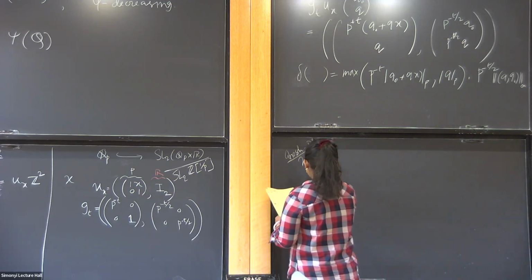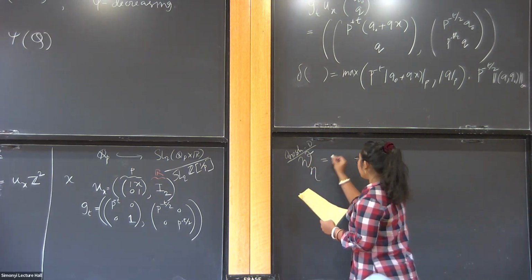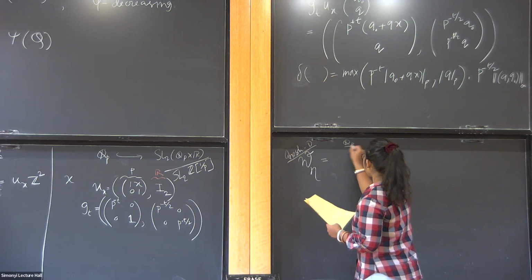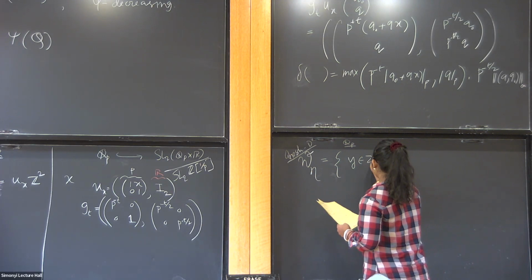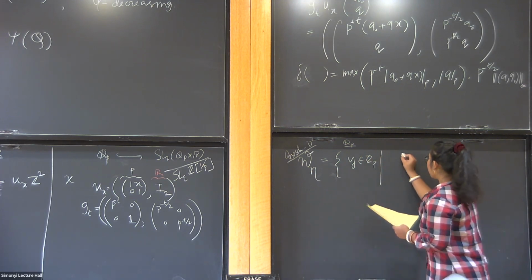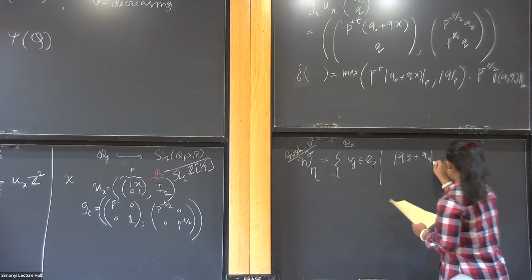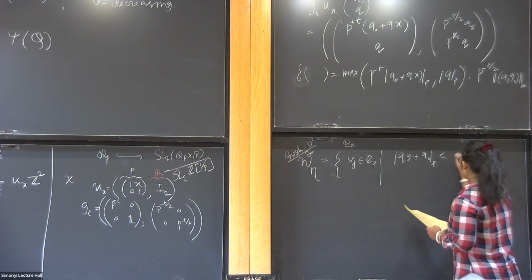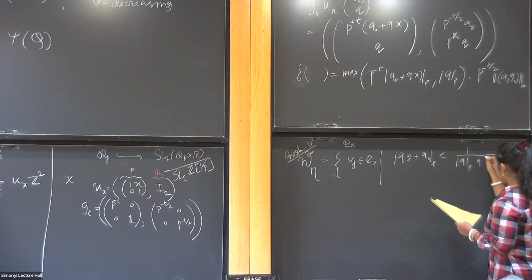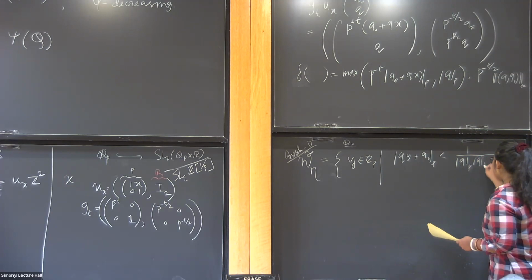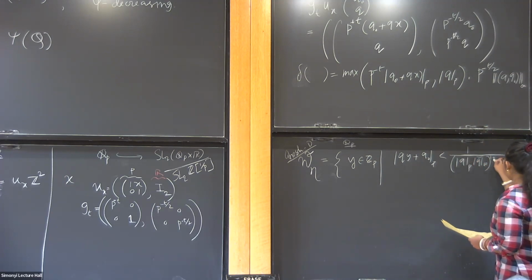So in particular in this case, omega hat eta, and this is just for Q_p, you can define y such that |qy + q naught p naught| is less than 1 by something. You will see that this is exactly to fit the dynamics definition.